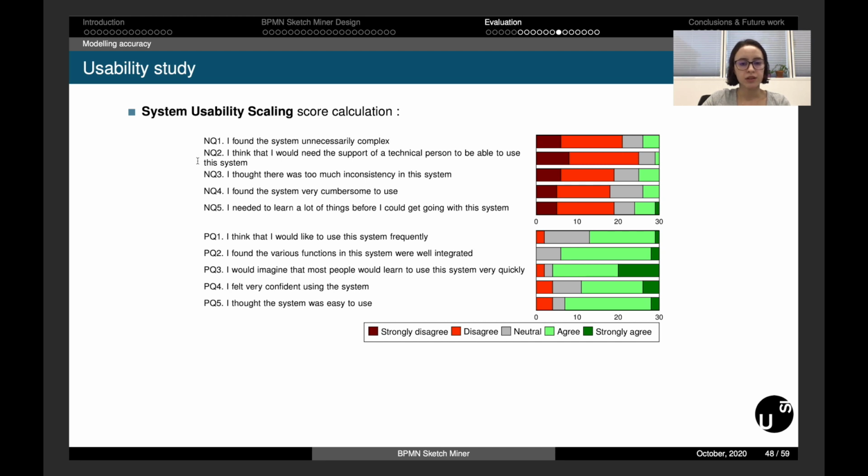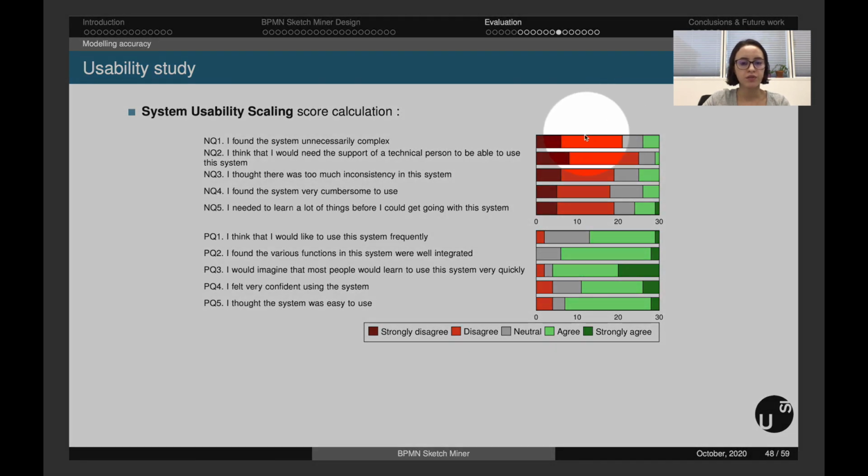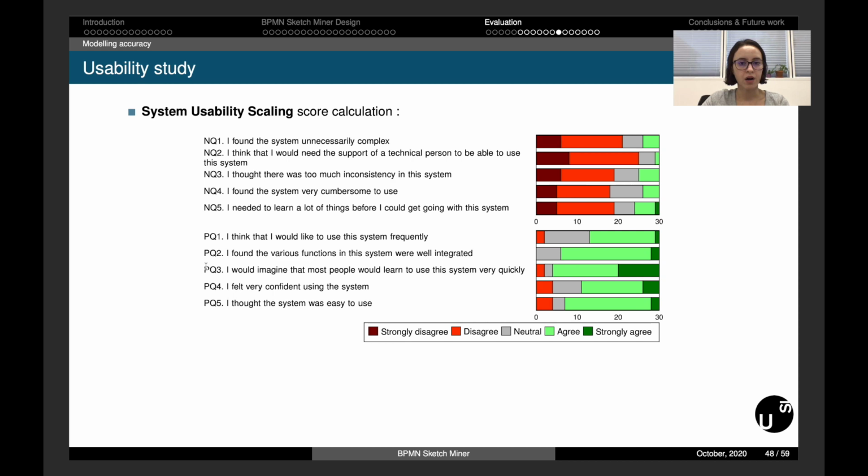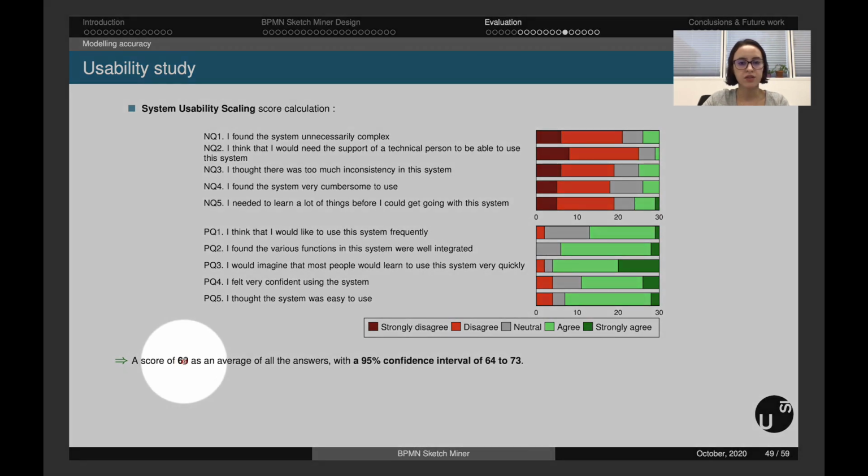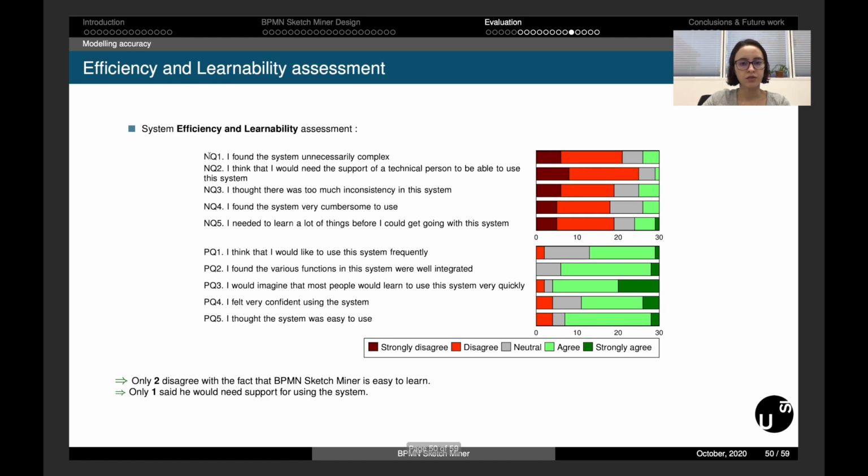It consists of a survey composed of 10 questions, 5 negative ones and 5 positive ones. After calculating the score, we got 69, which is considered, according to that method, a good score.